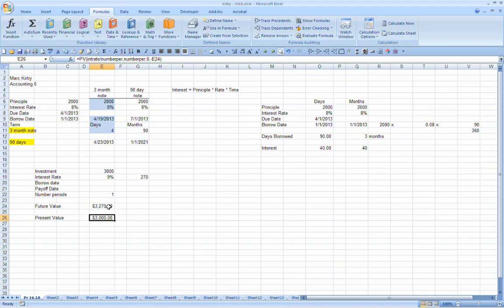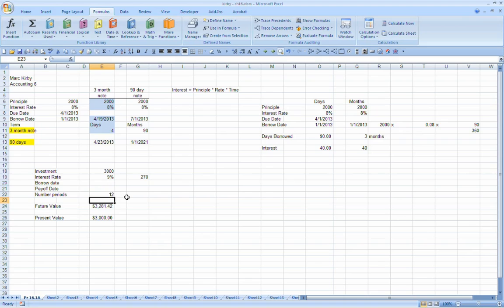Conversely, if I want to have $3,270 in the future, and I invest it for 1 year at 9%, how much money would I have to put in the bank today to do it? $3,000. So here we are showing you how to do it both directions.